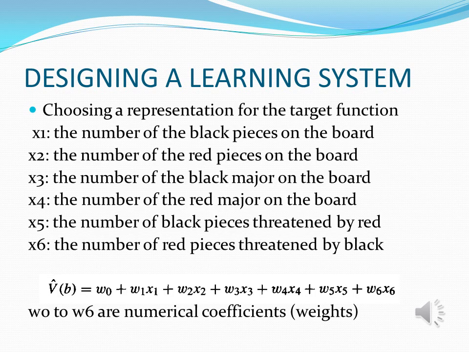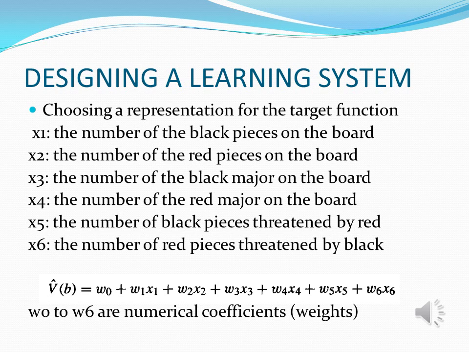Previously, we have specified the ideal target function V, but the learning program function is to be represented by function approximation V cap. To do this, first we need to identify different board features and for each feature assign different numerical coefficients.